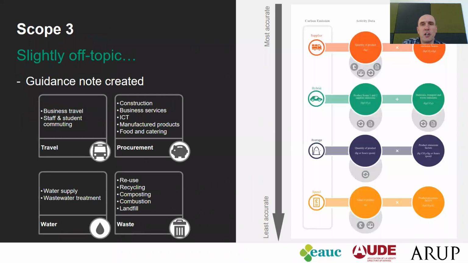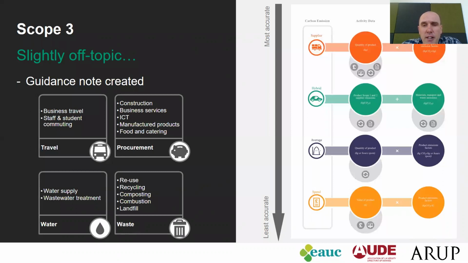As a bit of an aside, as part of the commission to generate the Sustainability Leadership Scorecard from the Higher Education Funding Council for England, or HEFCE, they also asked us to create a guidance note on Scope 3 emissions. So that is out there for you to access if you want to. It basically takes you through the calculations that you can do to work out your emissions for travel, procurement, water and waste.